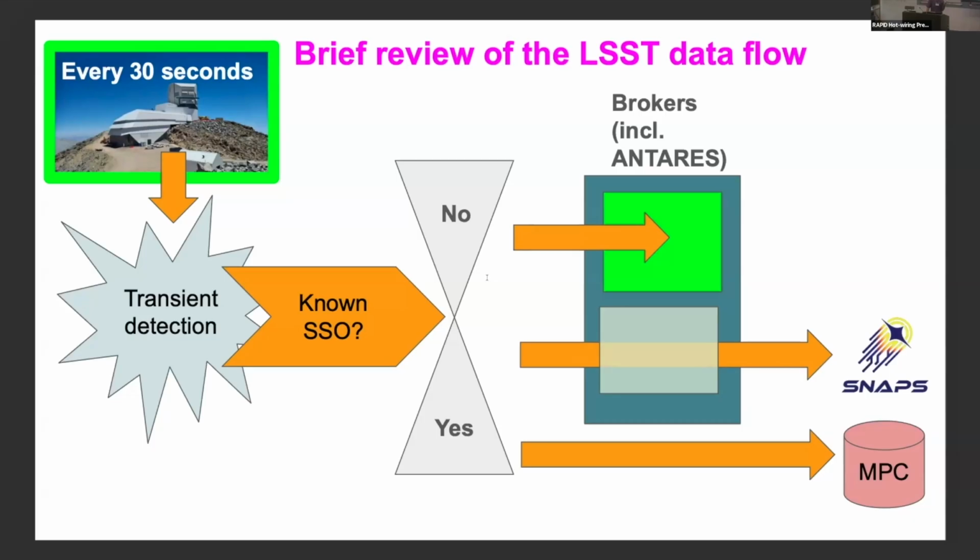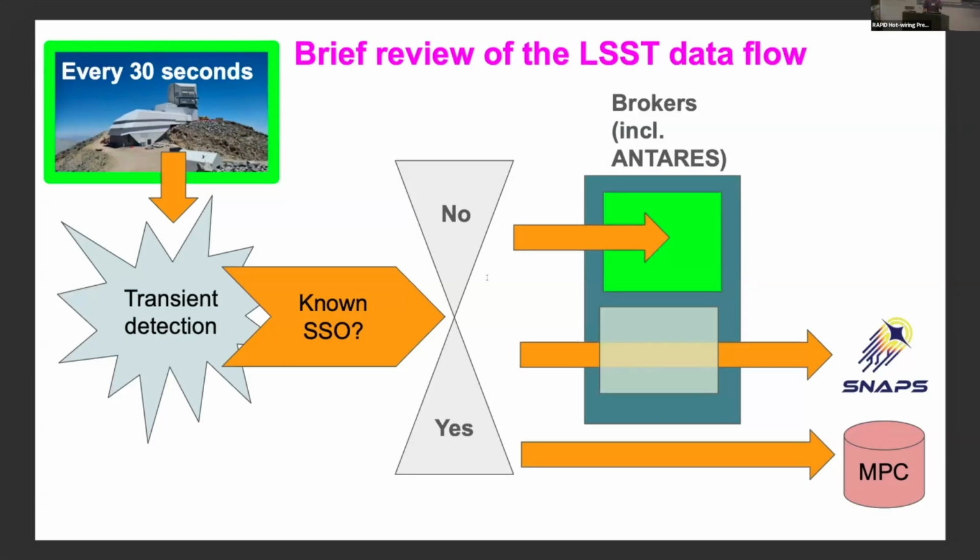By architectural design, we listen to a rebroadcast of an outgoing stream from Antares that sends only the moving objects. So Antares is going to receive all the alerts, and it takes the 10%-ish that are moving objects and sends them onward. And the other 90% Antares stores and does Antares stuff too. So that's why I have this pass-through kind of arrow here to SNAPS.